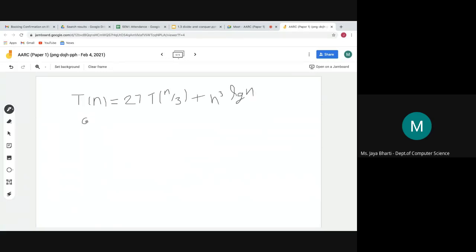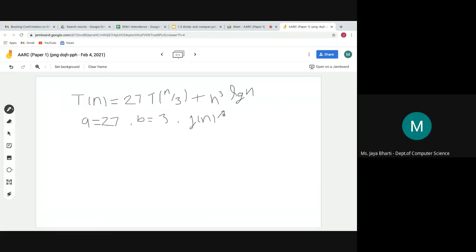Okay, so a is 27, b is 3, and f of n is this whole thing.